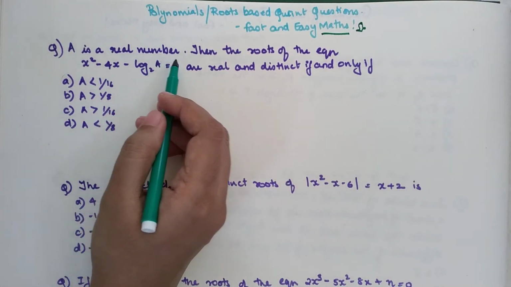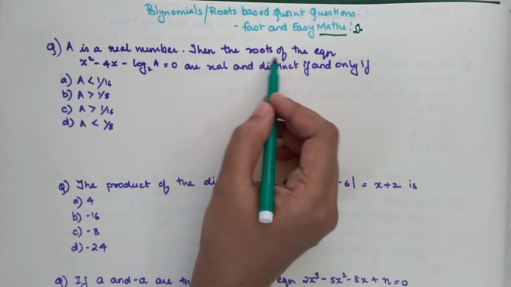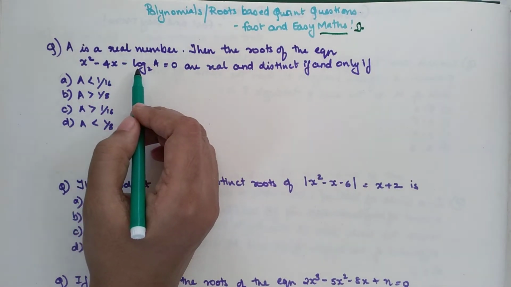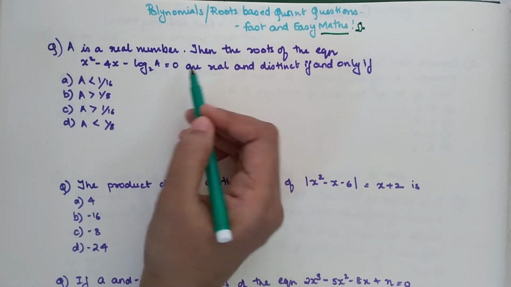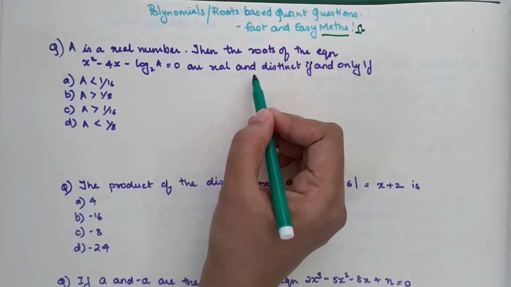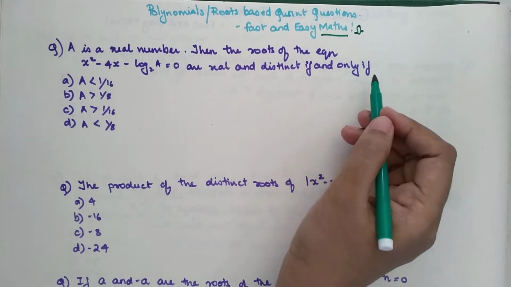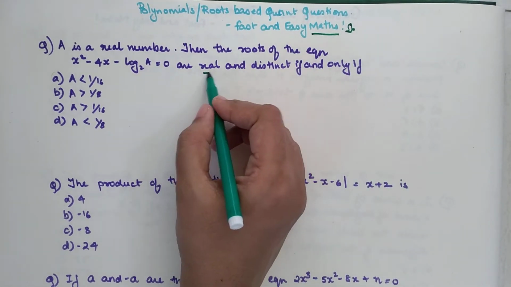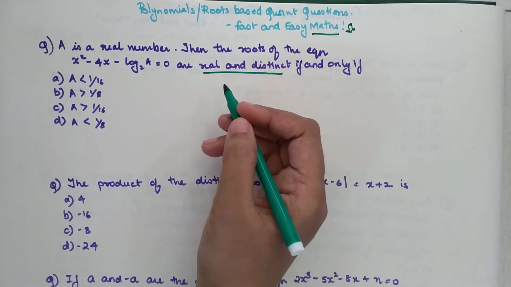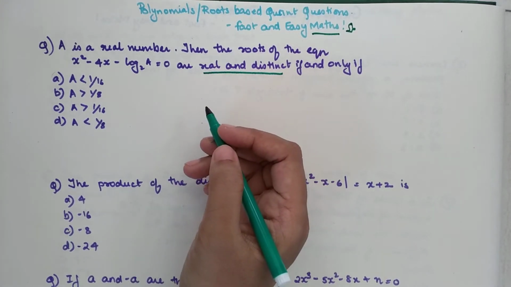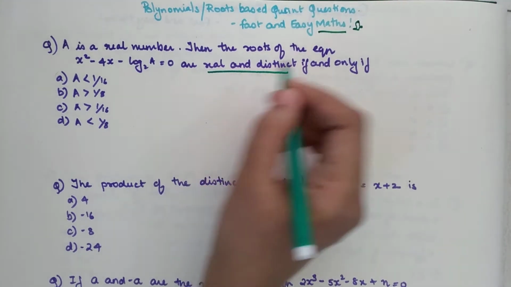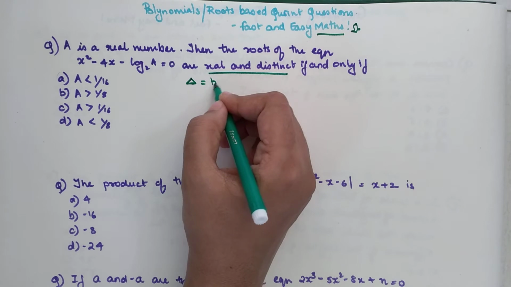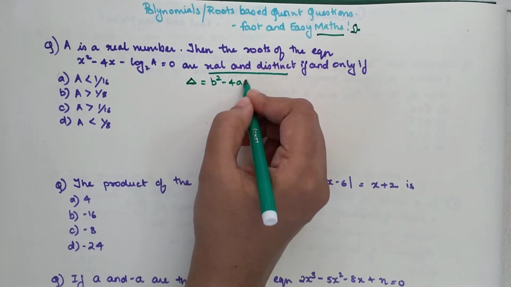A is a real number, then the roots of the equation x square minus 4x plus log of a to the base 2 is equal to 0 are real and distinct if and only if. So students, please understand, whenever you have real and distinct or real and equal or imaginary, then we are talking about the discriminant, which is nothing but b square minus 4ac.